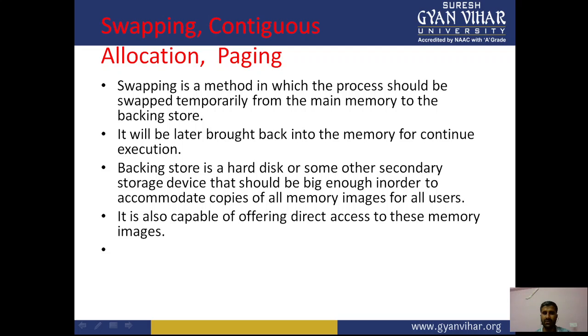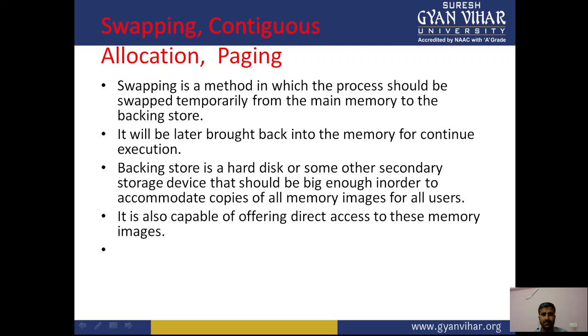So basically, the process address space is also a very important component from this perspective. But if we discuss swapping, swapping is a mechanism in which a process can be swapped temporarily out of main memory, or moved to secondary storage (disk), making memory available to other processes at the same time, right?